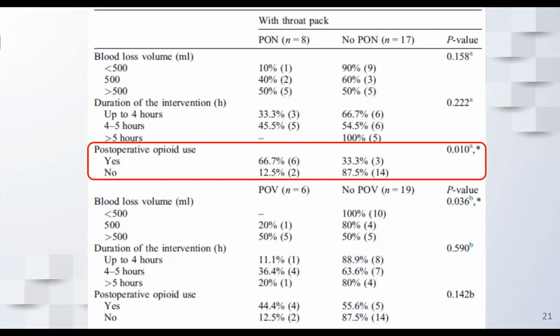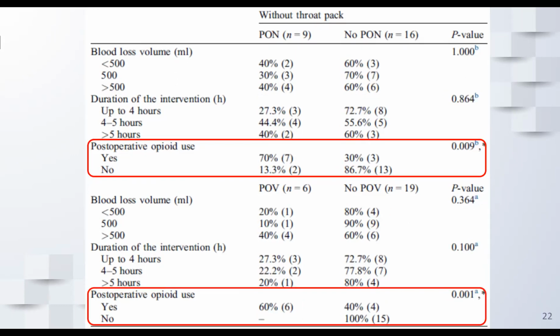This table shows post-op vomiting and post-op nausea according to blood loss volume, duration of intervention, and opioid use. It was observed that the duration of surgery did not influence the occurrence of POV and PON. Patients who used post-op opioid had a higher chance of post-op nausea.